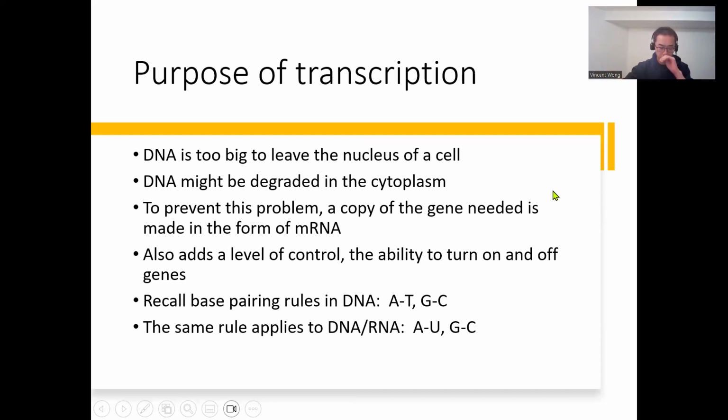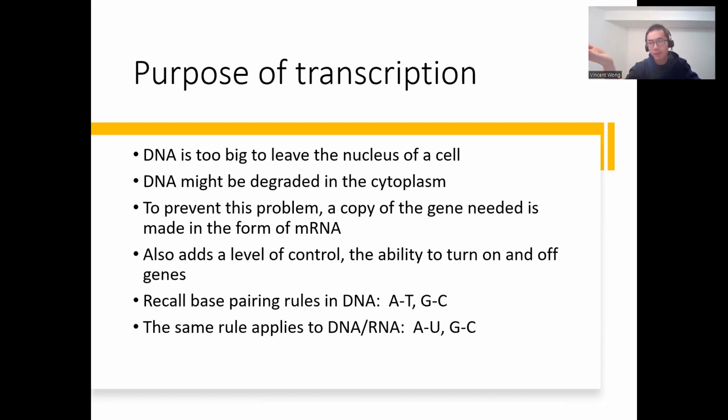So let's review the purpose of transcription. Why don't we just take the DNA and use it as is? Why do we need to go through this extra step of having an mRNA? Well, DNA is really, really big, and it is not going to be able to leave the nucleus. The pores are really small.